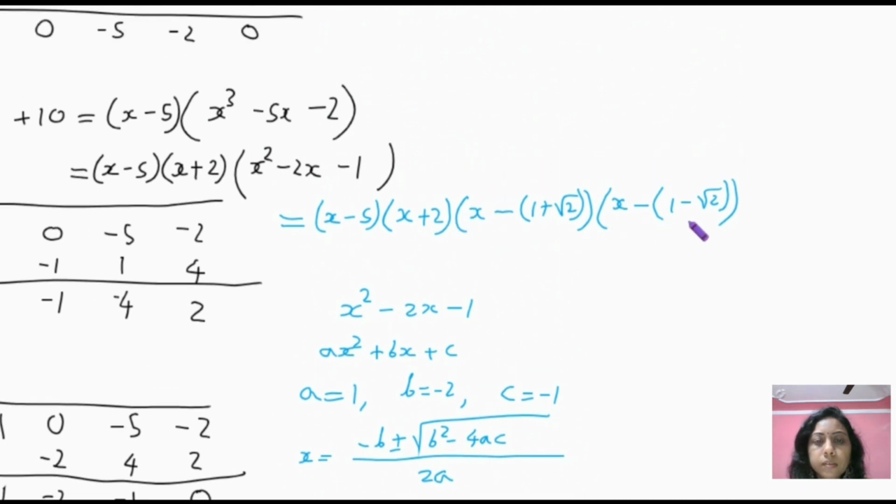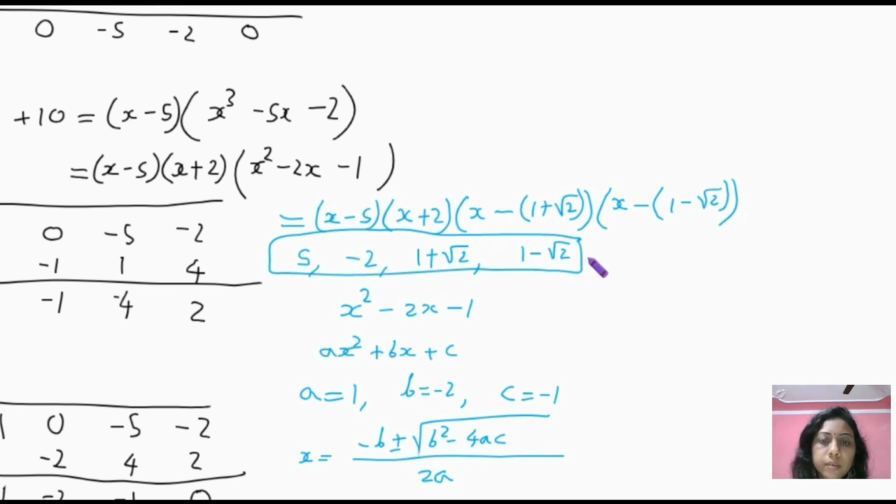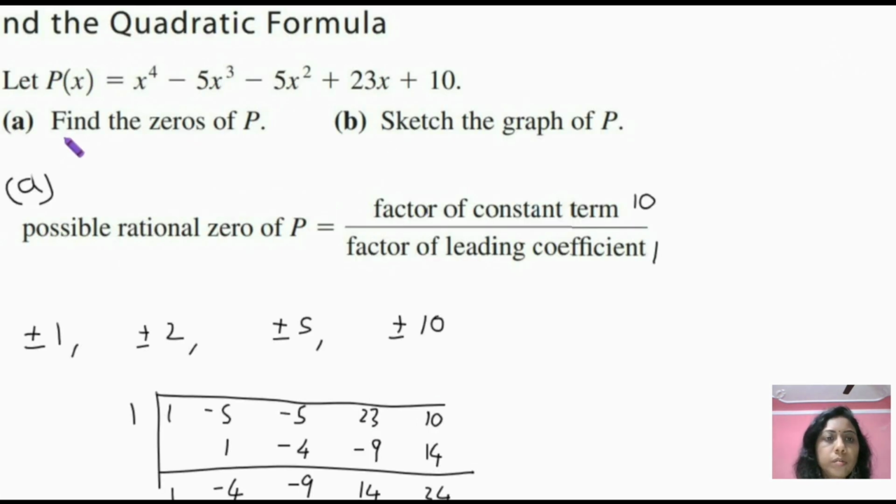So we can write like this. The zeros of the given polynomial are 5, minus 2, 1 plus square root 2, 1 minus square root 2. These are the 4 zeros of the given polynomial. Okay. So the zeros of P are 5, minus 2, 1 plus square root 2, 1 minus square root 2.